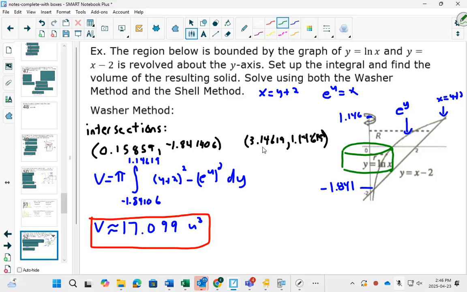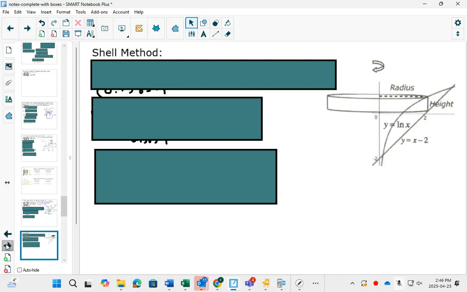My cylinders would start here, and now we would need my x coordinate of 0.1585, all the way up to my x coordinate here, which is 3.1416.